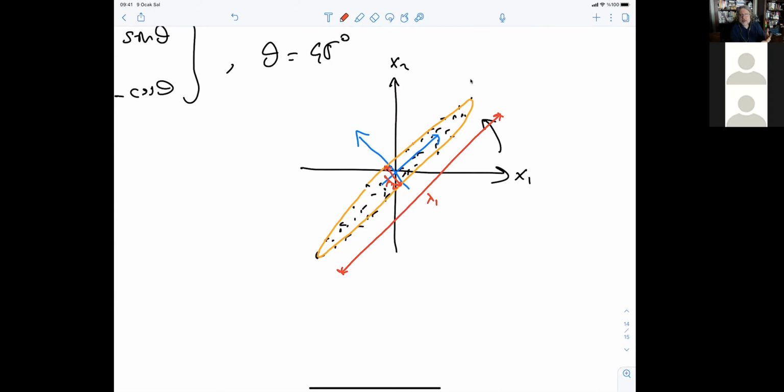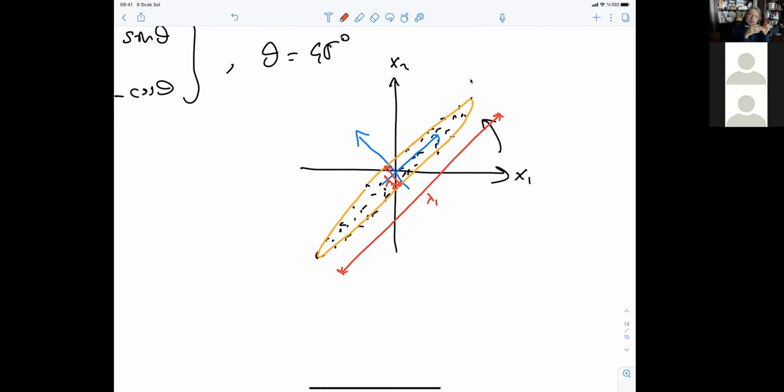Lambda 1 is the larger eigenvalue, and it's telling you that there's a lot of variation along that direction for the data cluster. It shows the direction of the eigenvector, and it also shows you the energy, the liveliness of the signal along that direction.